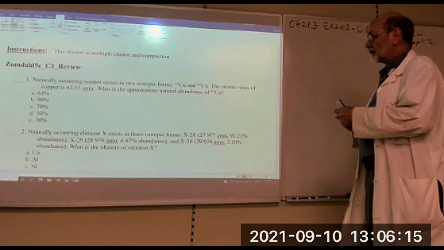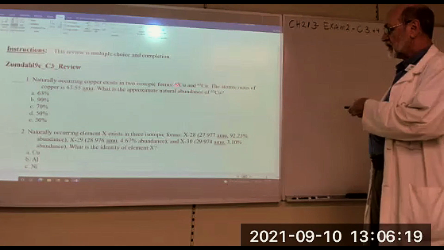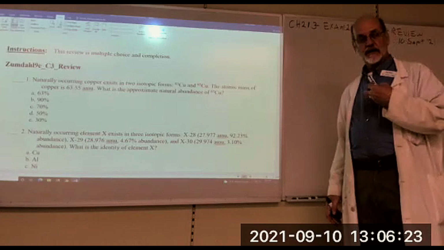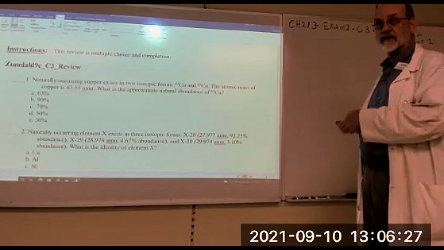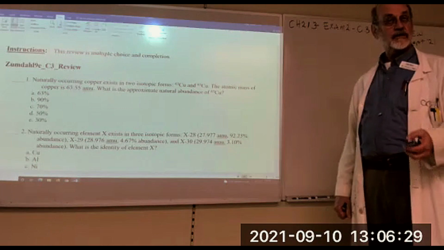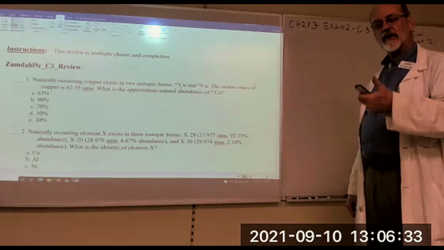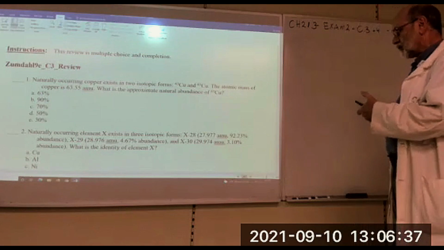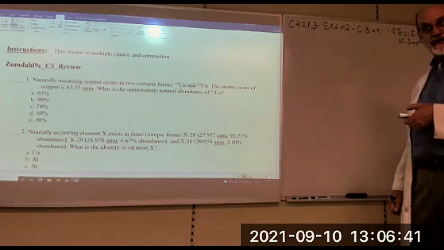We're going to have to use these values, and we know that the atomic mass for these isotopes is not 65 and it's not 63 atomic mass units. That's the total number of protons plus neutrons. That's a number of things, not the mass of the things.